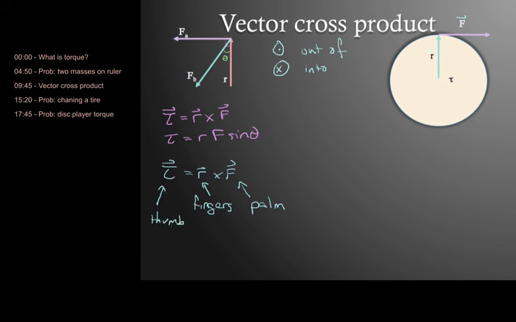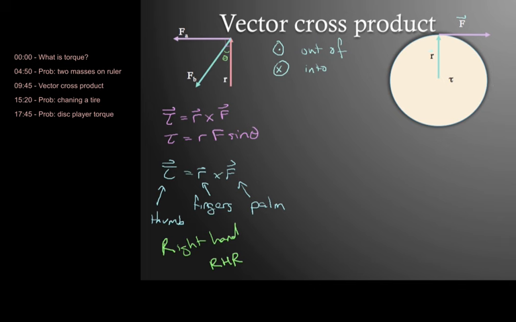So I'm going to try to draw this out, and it's going to look pretty silly, but bear with me. And all this, remember, is with your right hand. If you use your left hand, you're going to get the opposite answer. So we call this right hand rule, or RHR.